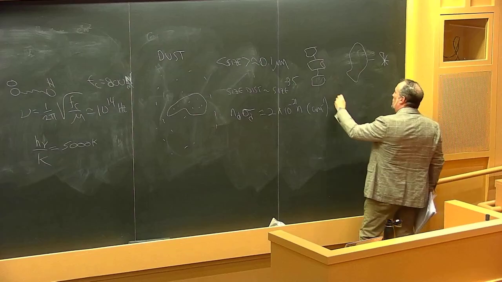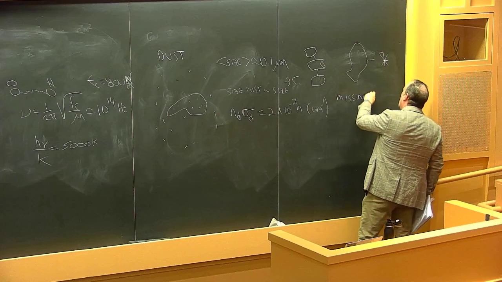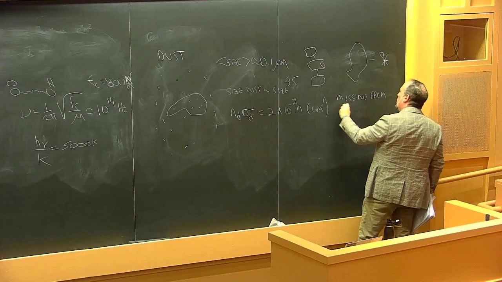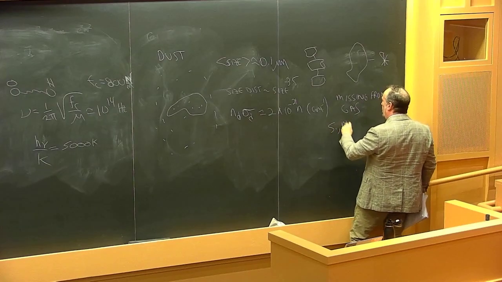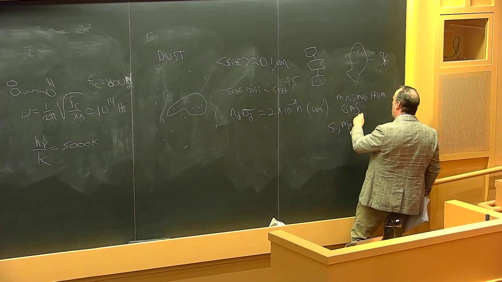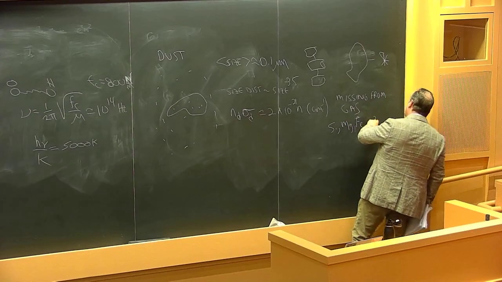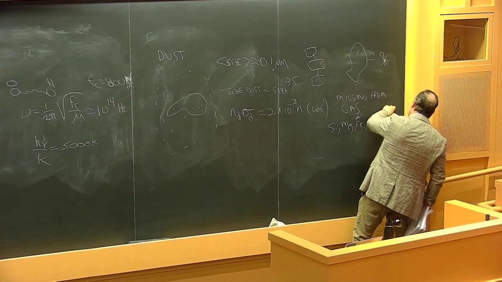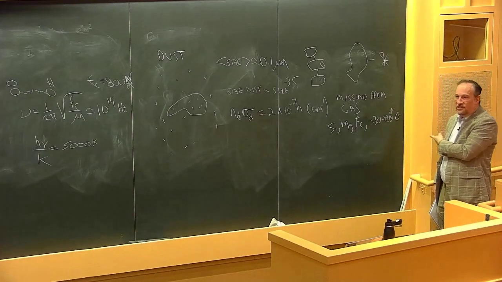You know, basically what was missing from the gas was all of the silicon, all of the magnesium, all of the iron, maybe 30 to 40% of the O, and so what is that?